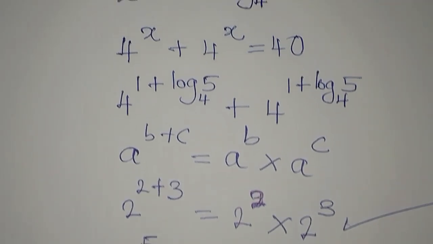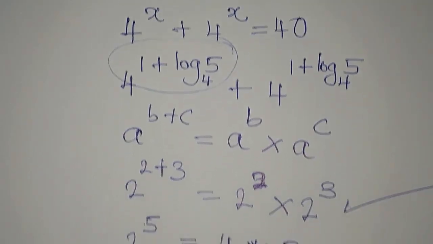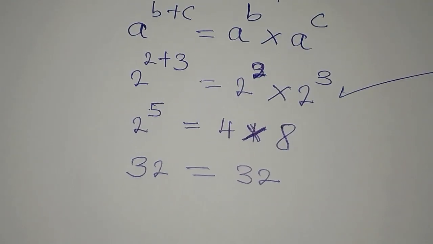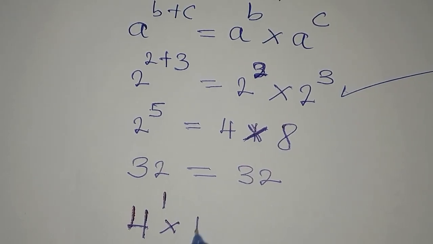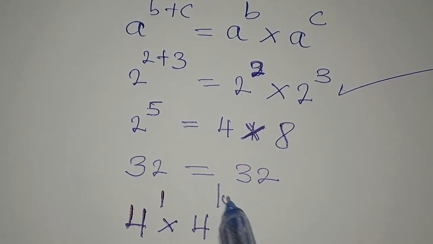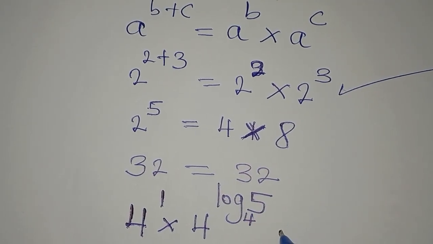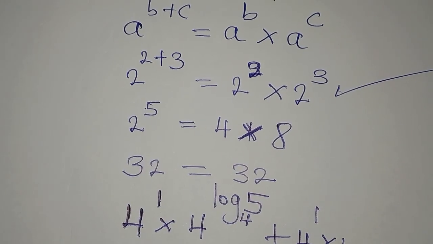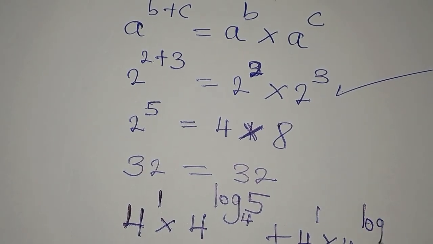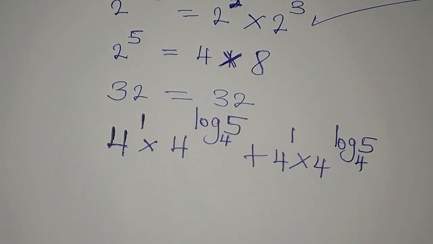Now, back to what we have over here. We'll now have 4 to the power of 1 multiplied by 4 to the power of log 5 to base 4. Then we do the same thing to the other: 4 to the power of 1 times 4 to the power of log 5 to base 4, right?